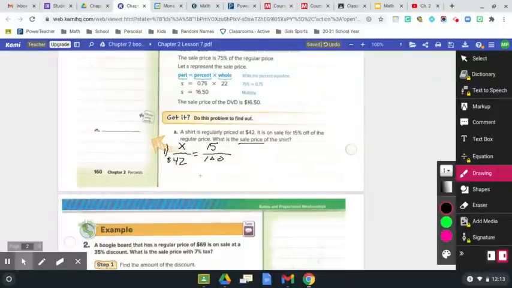What kind of discount am I going to get? So let's solve it. As we've been doing, we're going to cross multiply here. We're going to do 100 times X equals 42 times 15, 630.